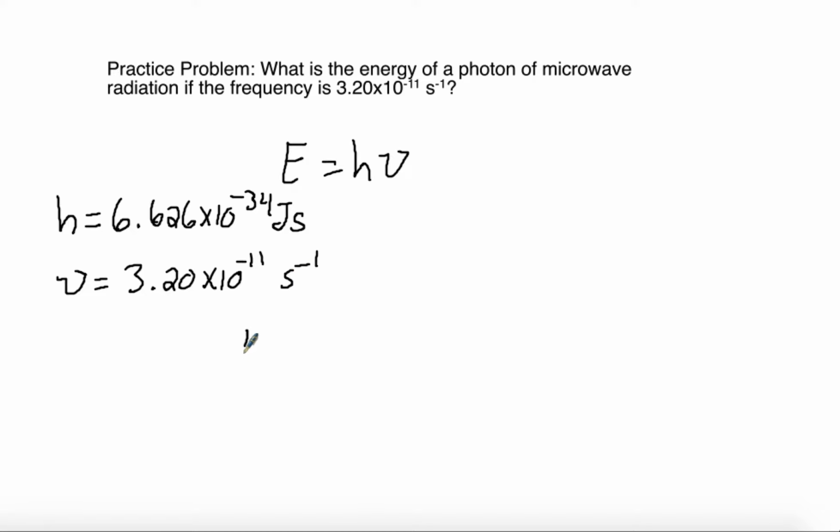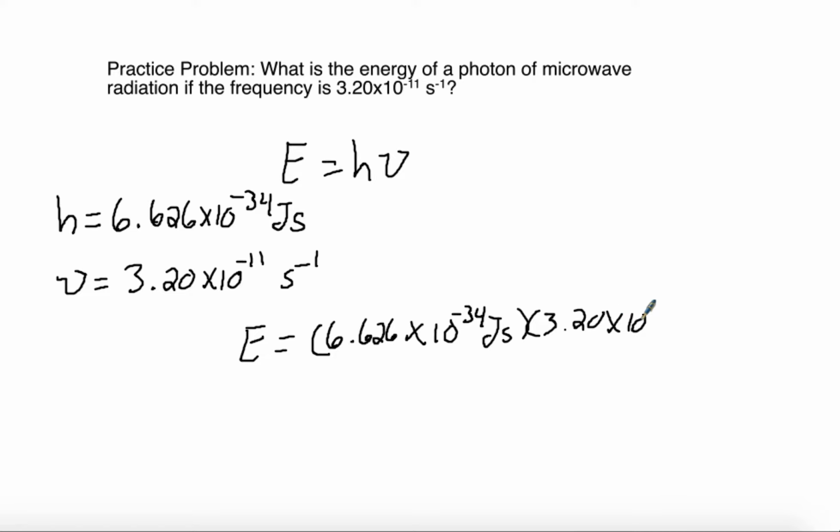So our energy is just going to be equal to the product of these two. It's going to be 6.626 times 10 to the negative 34 joule seconds times 3.20 times 10 to the negative 11 inverse seconds. Doing so gives you 21.20 times 10 to the negative 45.